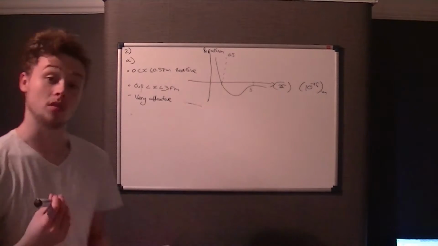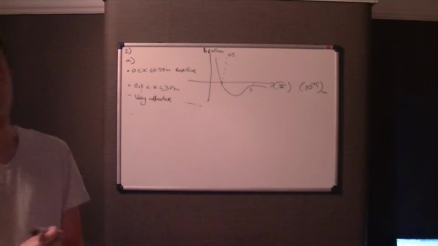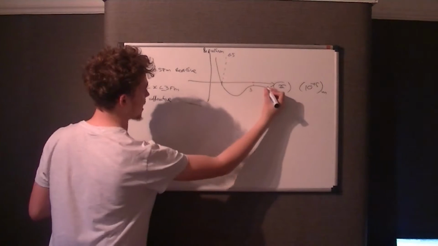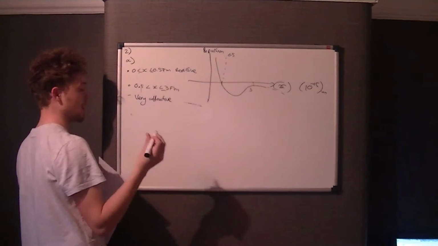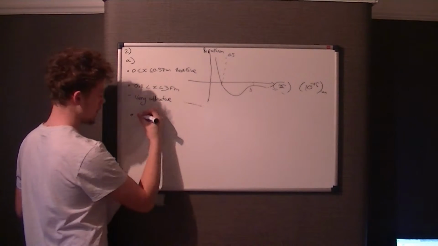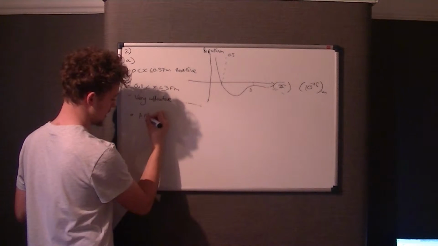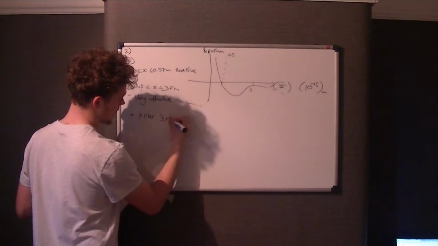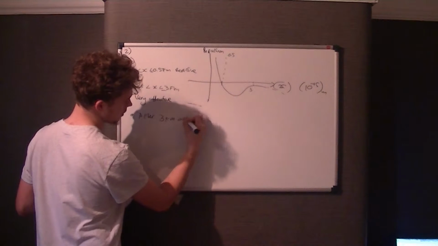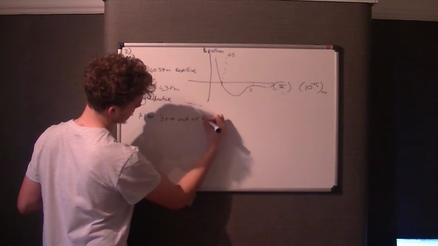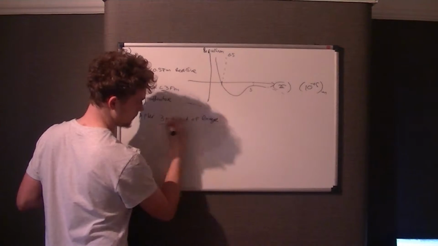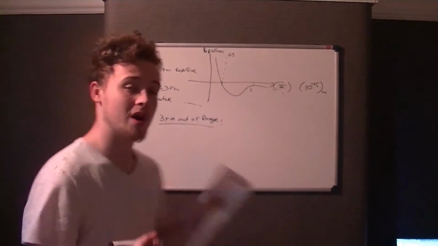And then the next point you would say is after 3 femtometers, it goes out of range and dies down. All you need to state is it goes out of range. So that's quite a common question.